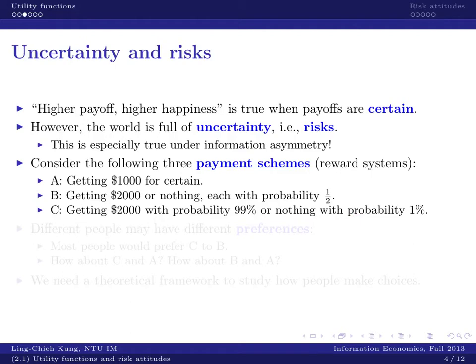In plan C, the probability of getting $2,000 is very high, but again it's not 100%, so the payment is still uncertain. Facing these three different payment schemes, if you can choose one, which one will you choose?